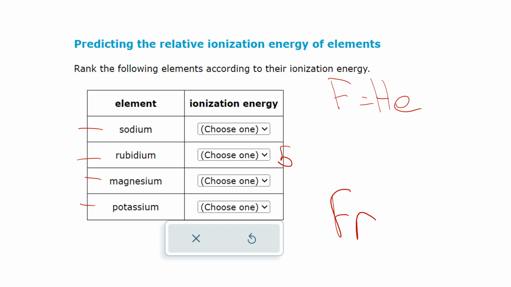And then we have potassium next, and then sodium next. Oh no, I should have 4, 3, 2, and magnesium is the closest to fluorine and helium, and therefore that is going to have the highest ionization energy. So I don't know if I wrote those how Alex does them, but essentially magnesium is highest, and rubidium is the lowest, because remember what I said about those two.